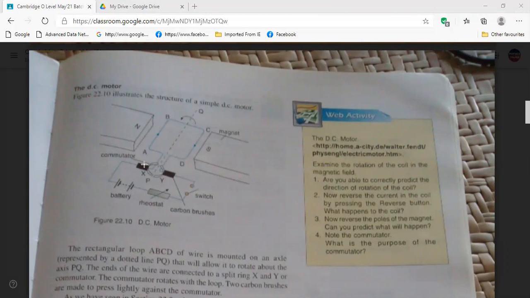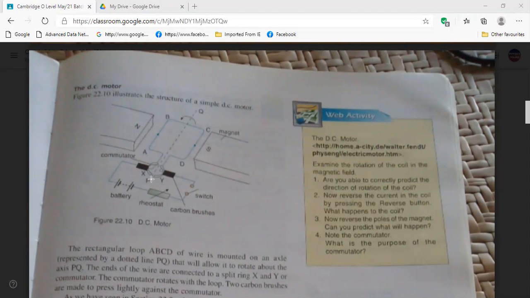And this commutator is split, right? I see that this side is connected and it can rotate, right? When it is connected to this side, the other side is only connected to the other side, not with this side, right?